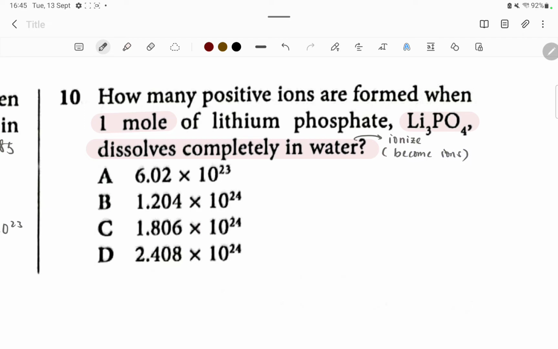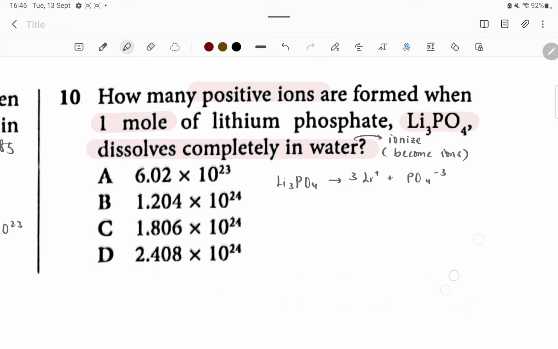So Li3PO4, when they become ions, Li will become Li plus, 3 of them, and PO4 3 negative. This is the equation. And then they want positive ions.